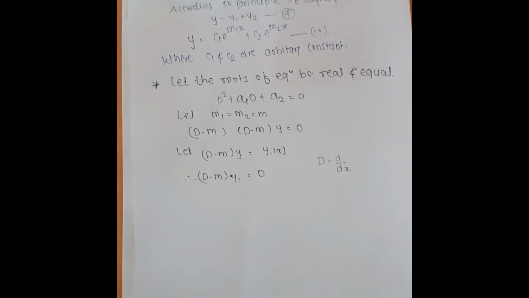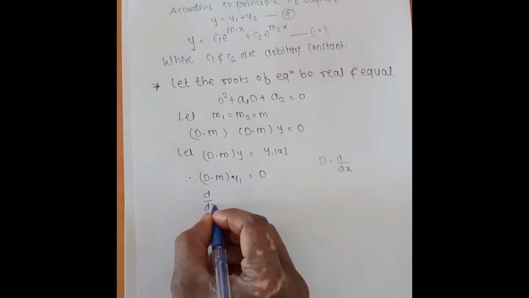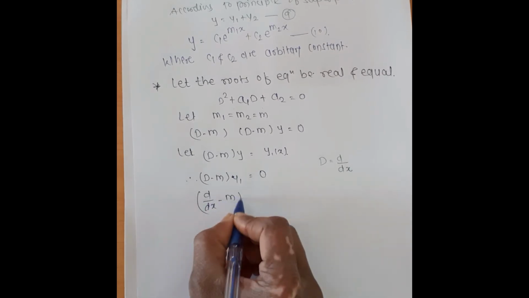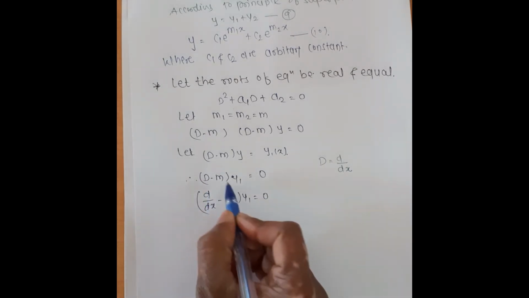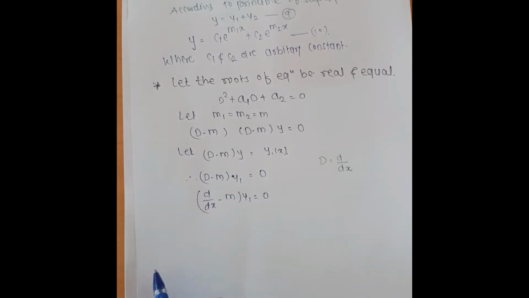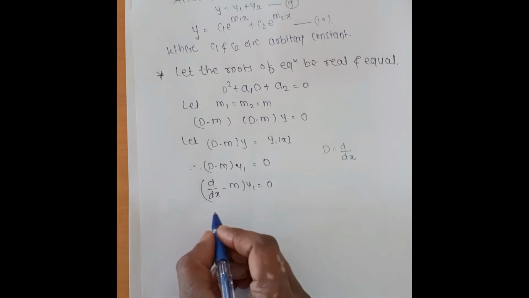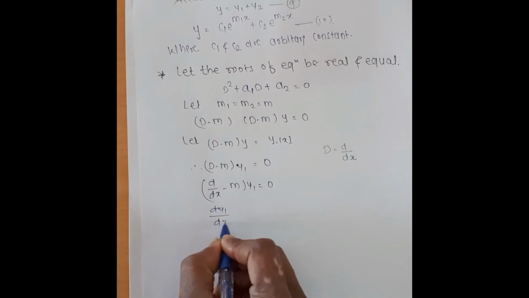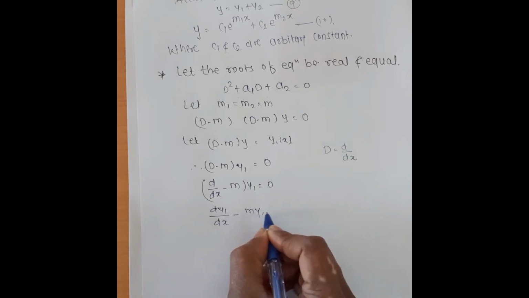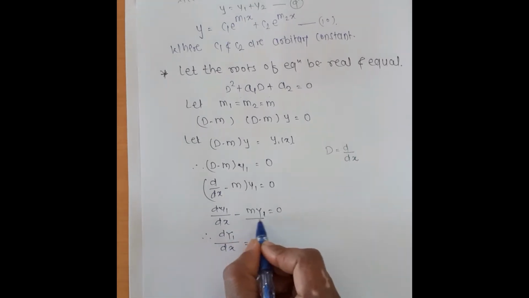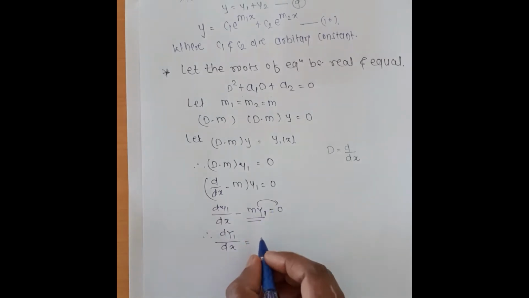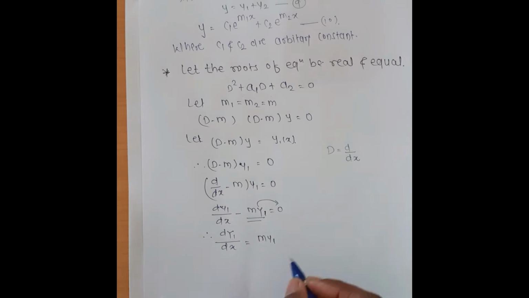So we modify the equation: (d by dx minus m) y1 equals 0, because D is represented as d by dx. Multiplying it out, dy1 upon dx minus m y1 equals 0. Now the minus term goes to the opposite side and becomes positive, so dy1 upon dx equals m y1.